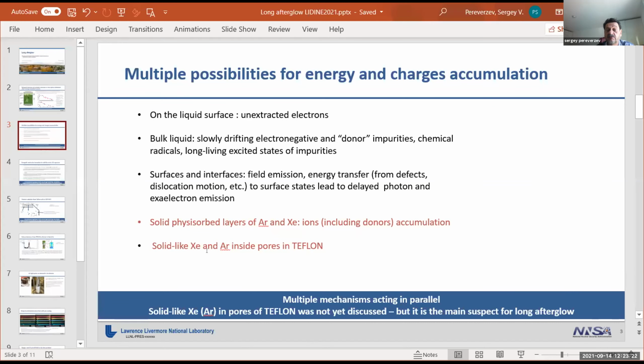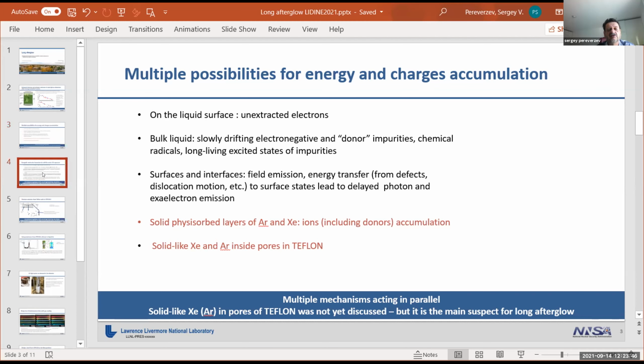And one thing I'm afraid you never heard about is that in Teflon you have pores. And at these temperatures, both xenon and argon inside the pores are in a solid-like state. And in fact, to my mind, this is the main suspect for this delayed light production.